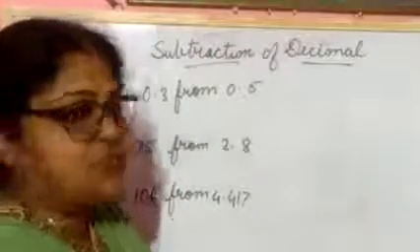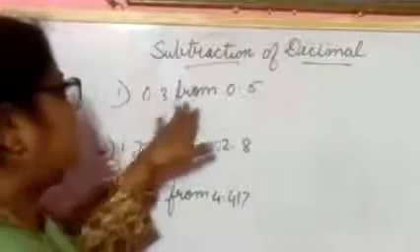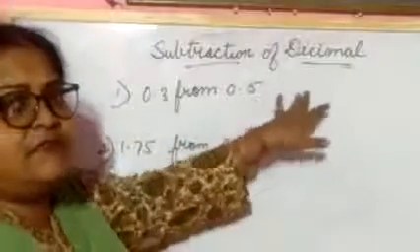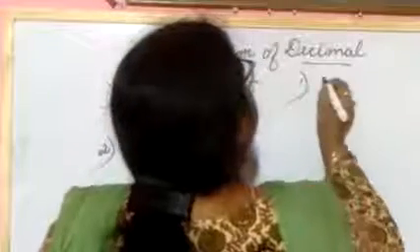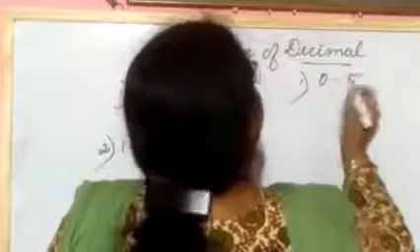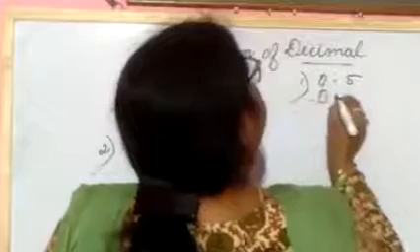So what you will do, you will arrange that one. This from this means this one you have to write on top. So you will write here number 1. How you will write? 0.5 minus 0.3.